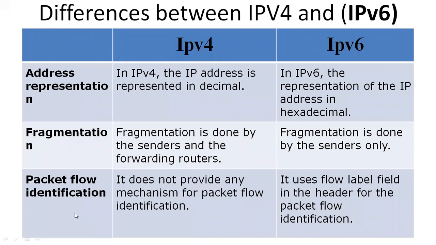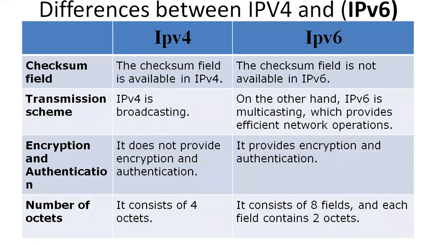Packet flow identification: IP version 4 does not provide any mechanism for packet flow identification, but IP version 6 uses the flow label field in the header for packet flow identification. There is a checksum field in IP version 4, but not in IP version 6.